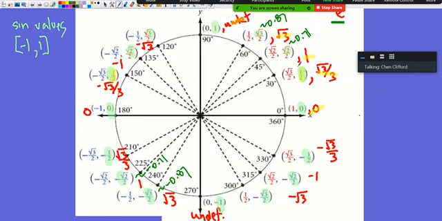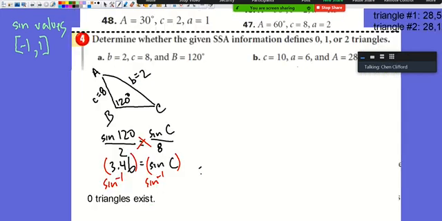No green highlights exceed or go beyond the boundaries of -1 and 1. Yet, this problem is asking for 3.46 for a sine value. So this is impossible. There's no such thing as an inverse. There's no such thing as an angle where the sine value is 3.46. So therefore, we showed mathematically, in addition to visually, that 0 triangles exist. Okay?